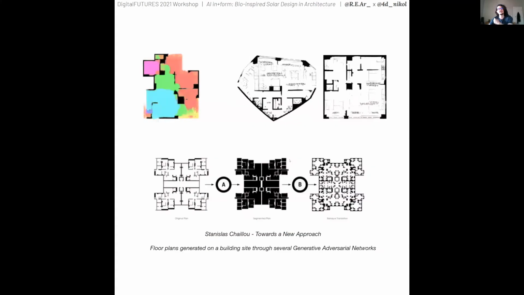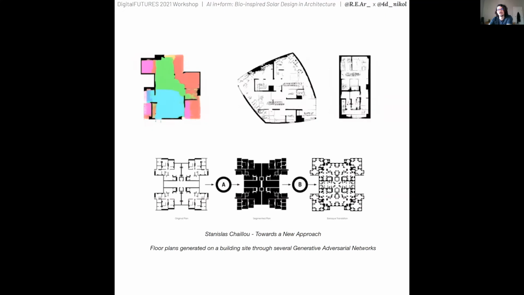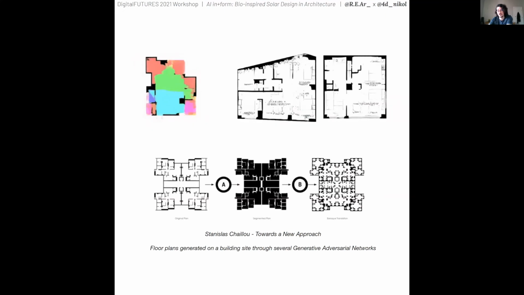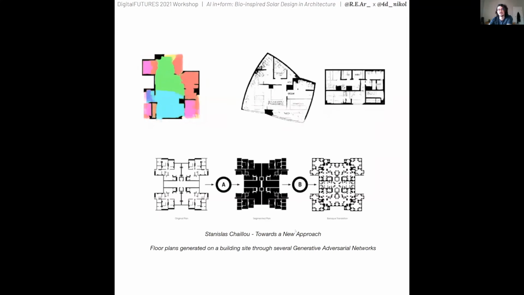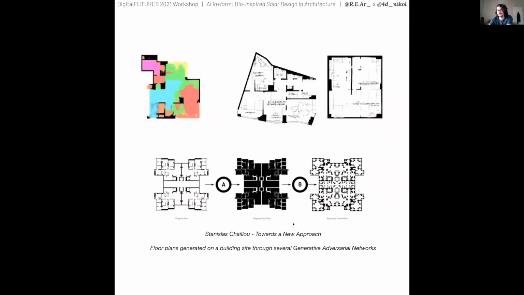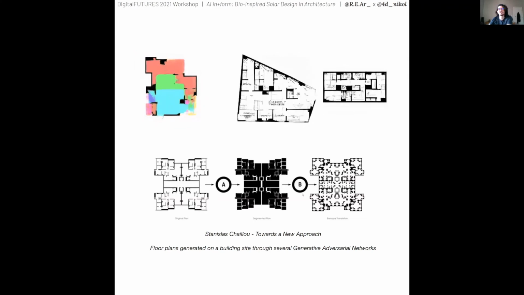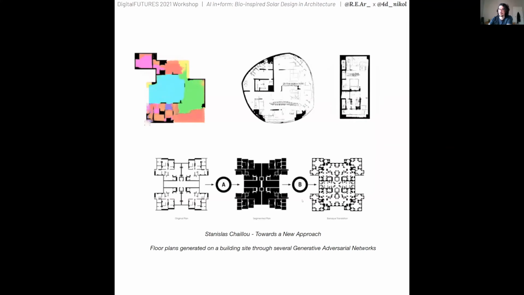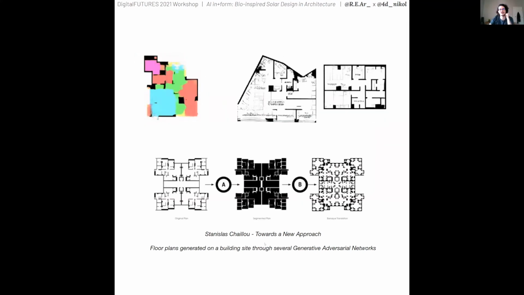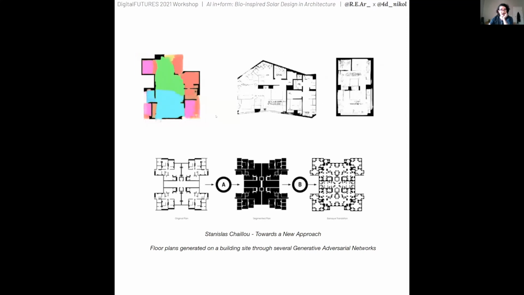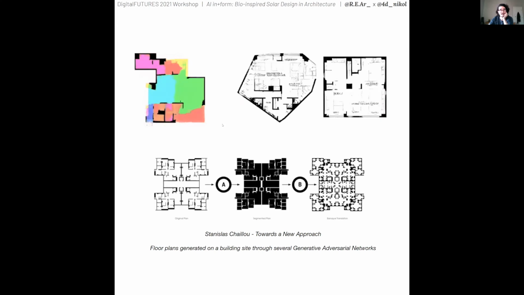We have seen in recent times the use of machine learning in architecture, particularly through examples that use GANs, generative adversarial networks that learn how to generate an image, but do not relate to an input. You have this example from Stanislas Chailloux, who is quite well known for the animations that he did.